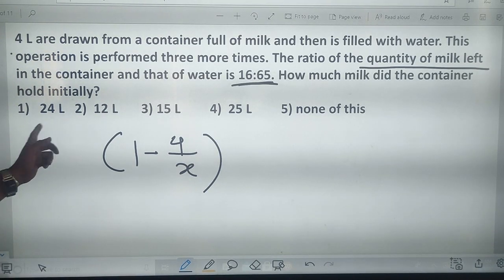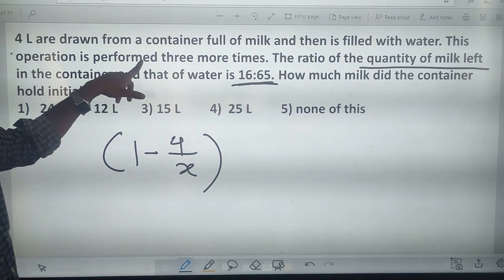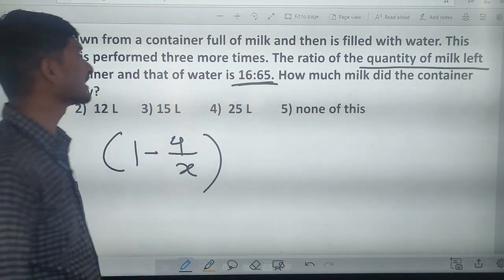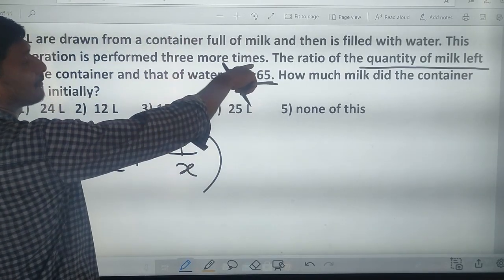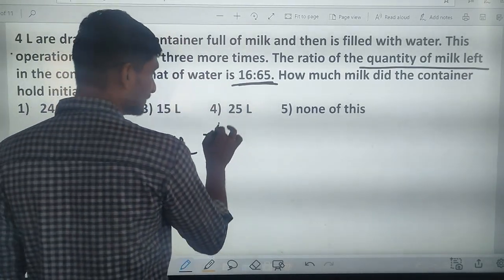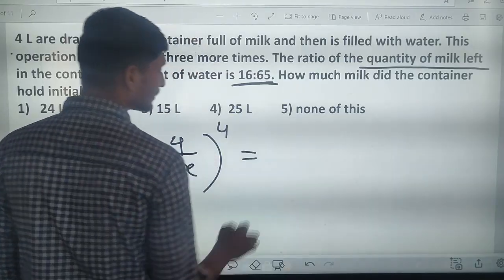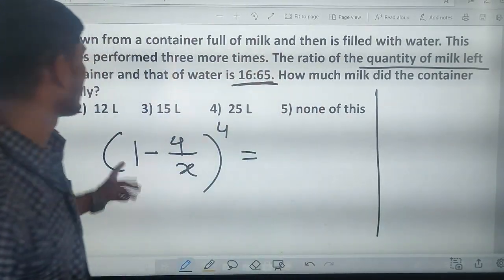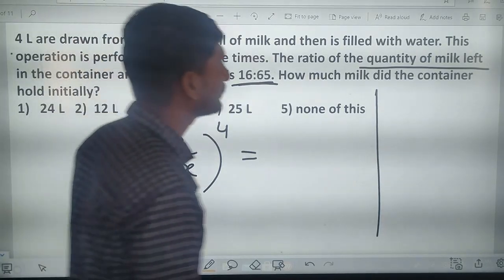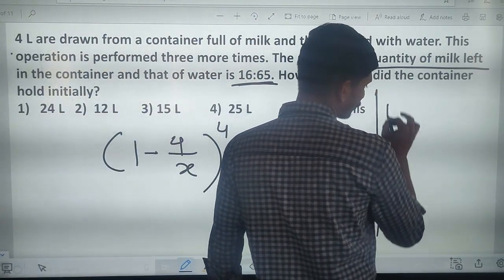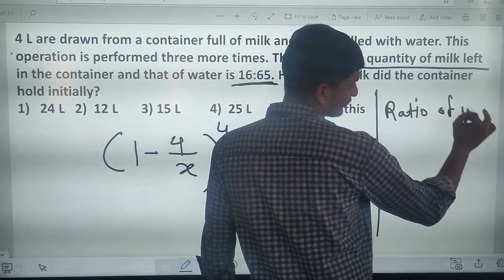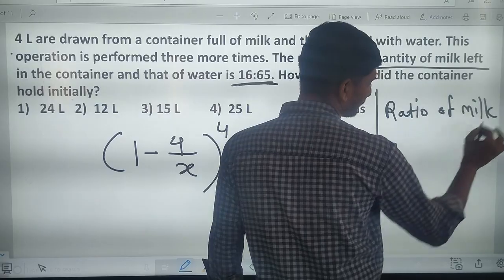This is performed 4 times. The ratio of milk and water finally is the ratio of milk and water.